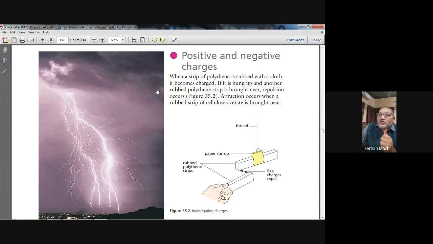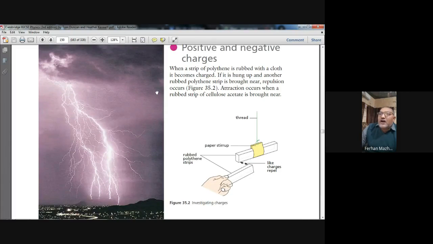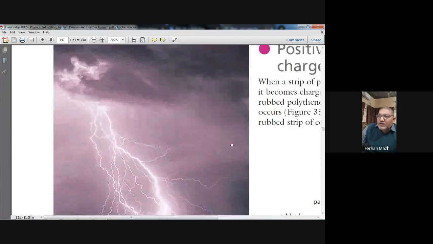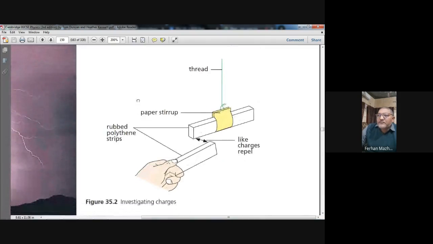And then using a thread, like the diagram showing on your screen, hang it with the help of a thread from a retort stand.